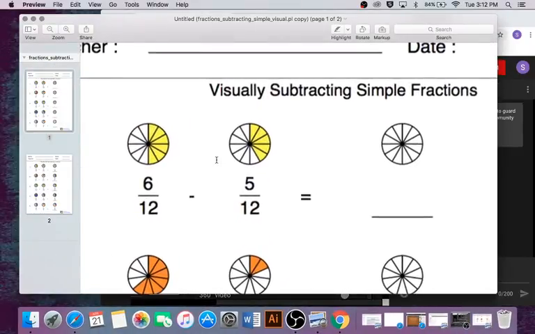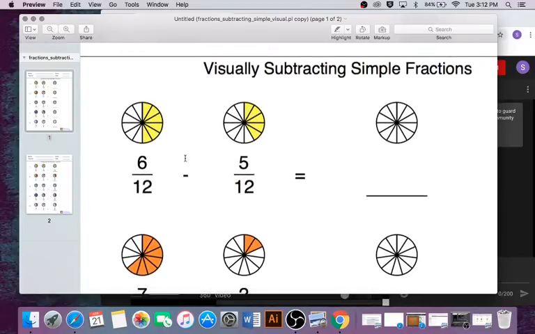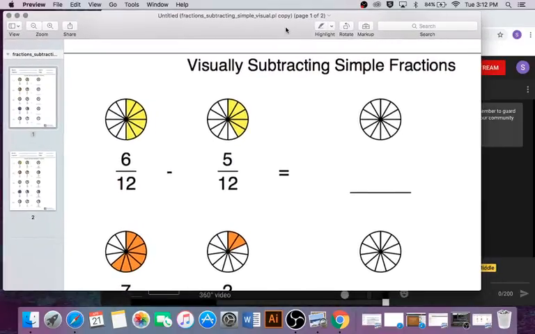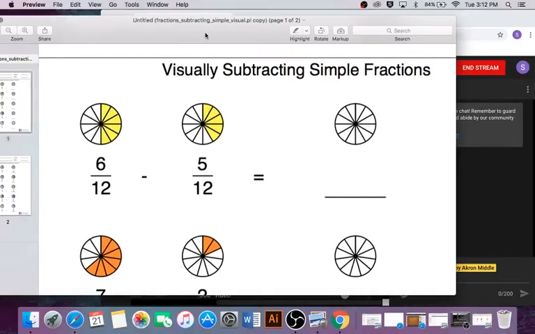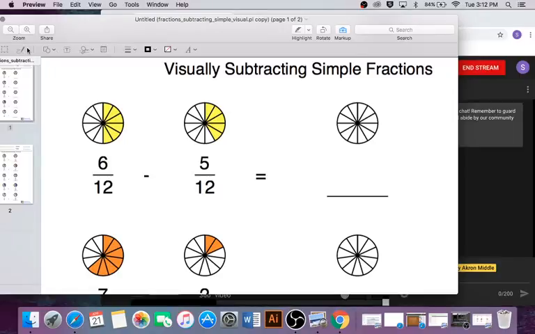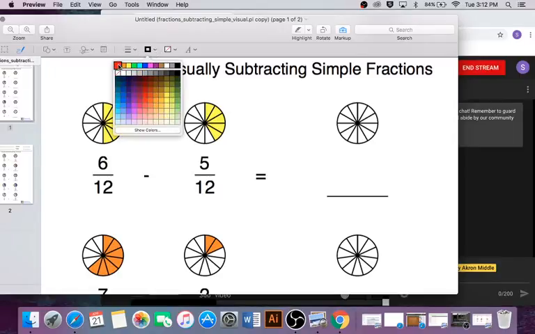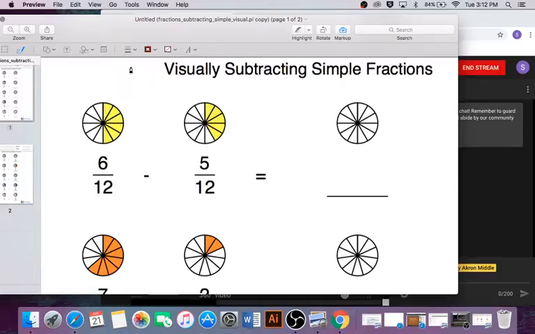Moving on to subtraction. We have the same denominators, same as addition. Your denominators need to match. So our circles are all in 12 pieces. So our denominator is going to be 12.